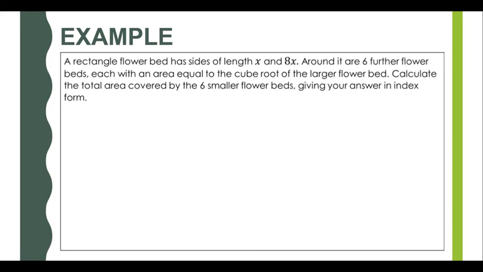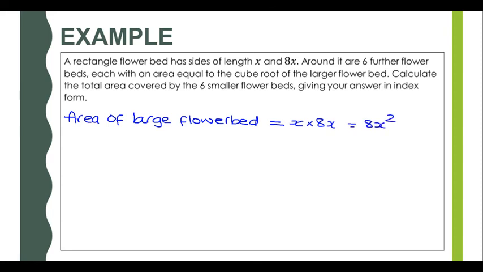So the first thing that we can do is we can write down the area of the large flower bed, which is equal to x times 8x, which gives us 8x squared.